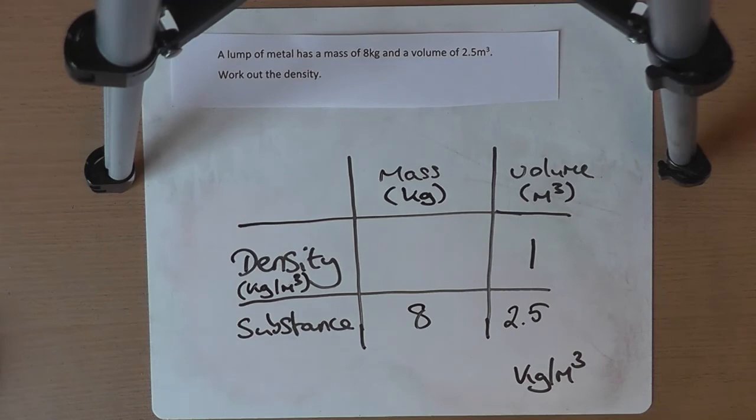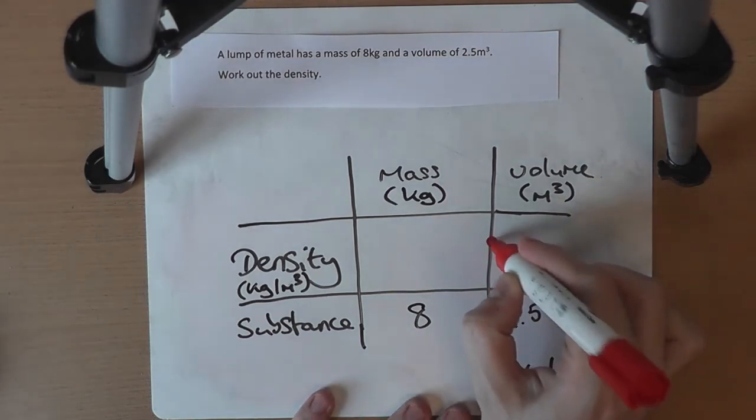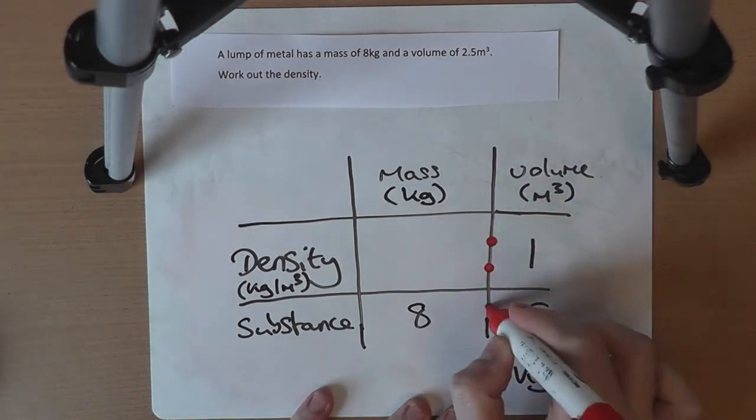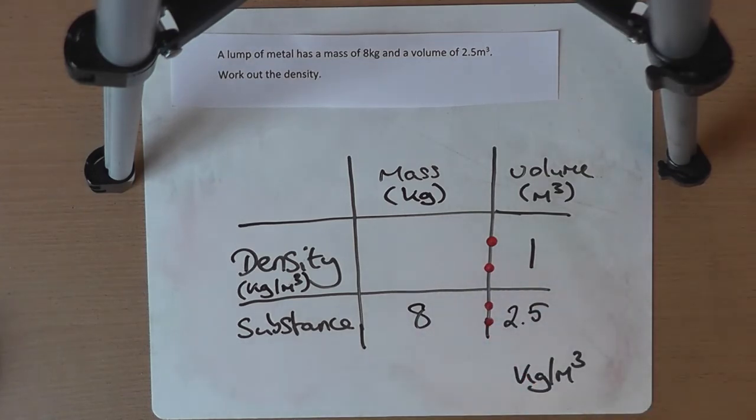Next step with this table, we turn each row into a ratio. So we're going to turn the top row into a ratio. That's an incomplete one. We're going to turn the bottom row into a ratio. That's a complete one. 8 to 2.5 on the bottom, something to 1 on the top. We start with whichever row is complete. The bottom row is complete, 8 to 2.5. We need to try to get from that particular row to the other one.